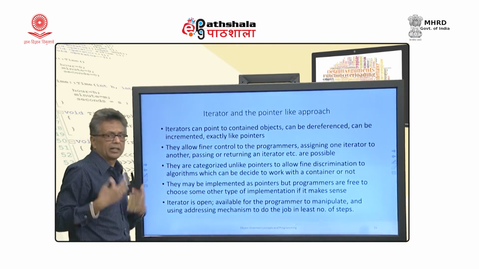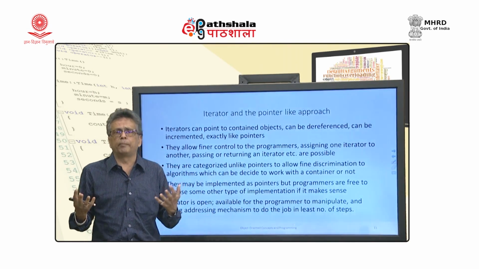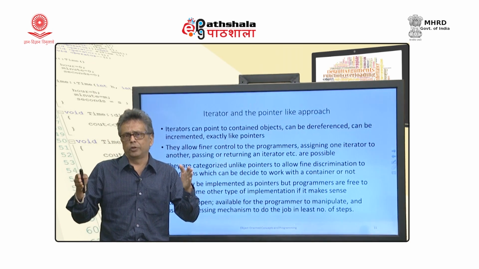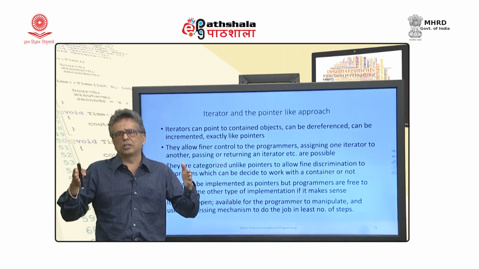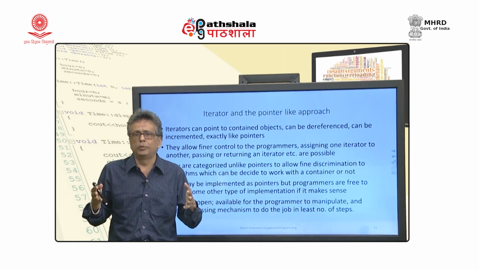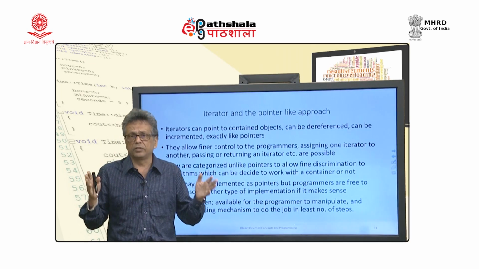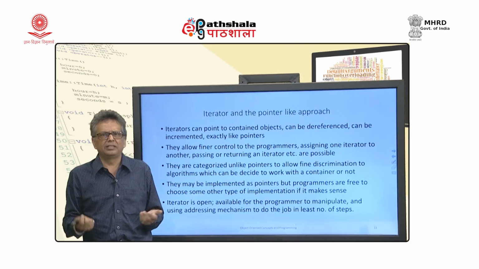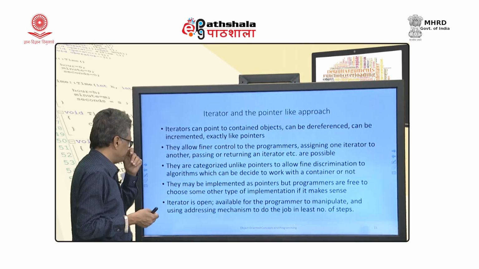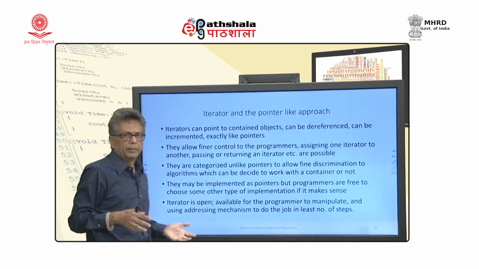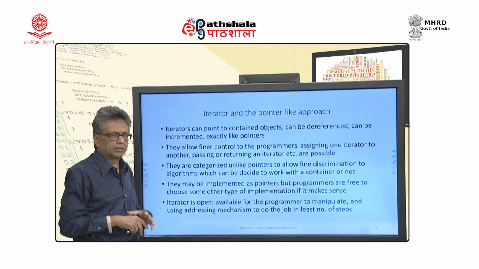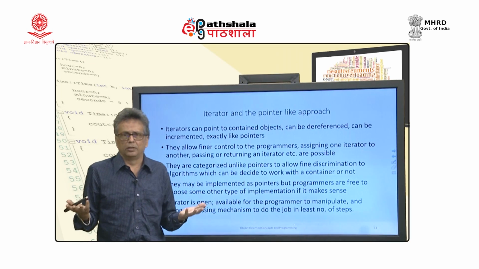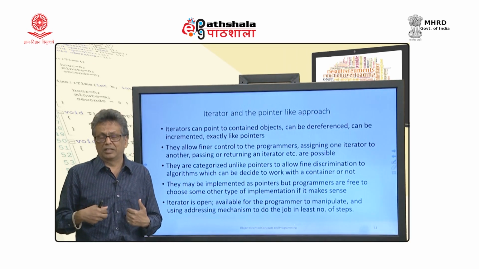And as I said, they are categorized, and because they are categorized, the advantage is that you know which iterator is going to work for you, and that means the algorithm can determine which kind of container will be useful for it and which kind of container cannot be used. So that fine control is achieved by this design. They may be implemented as pointers, but the programmer can think of something else. And the other thing is that the iterator is open, available to a programmer, that is the power.